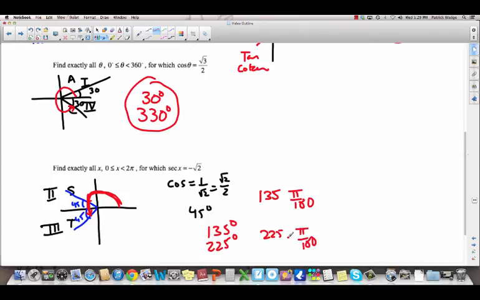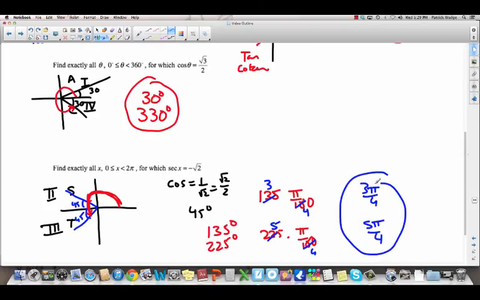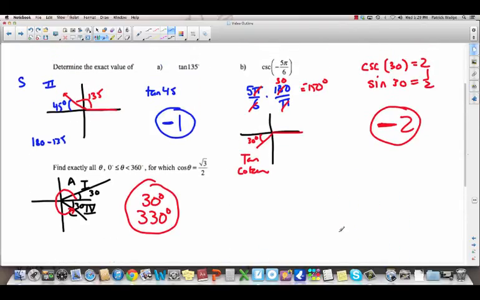So I multiply them both by pi over 180, and what happens is I can divide both of these by 45. 45 goes into this 3 times, and 45 goes into this 4 times. So I get 3 pi over 4. 45 goes into this 5 times, and 45 goes into this 4 times. 5 pi over 4. There's my answers. 3 pi over 4, 5 pi over 4.